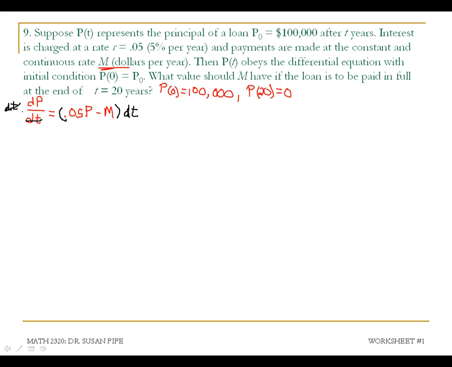Here inside the parentheses, because I have the P in there, I want to divide by 0.05P minus m so that my P terms come on this left side.